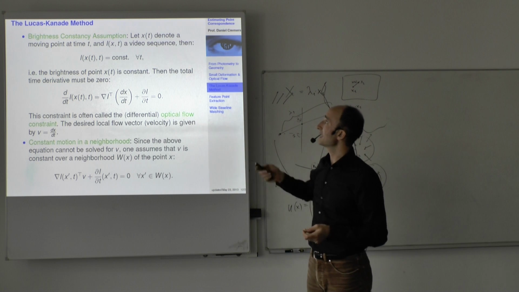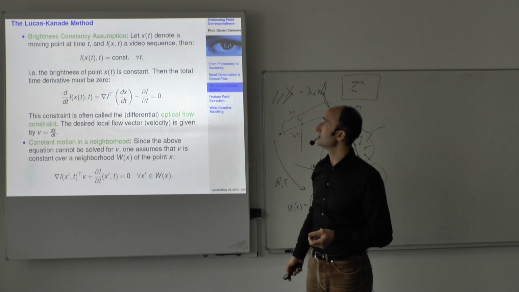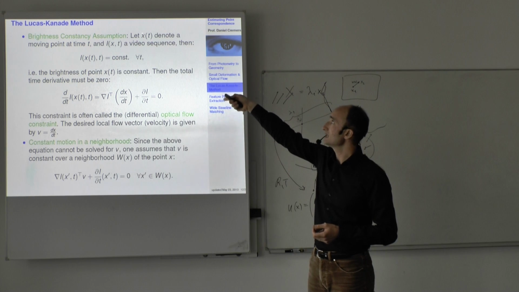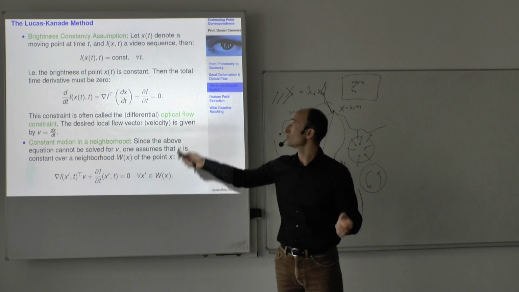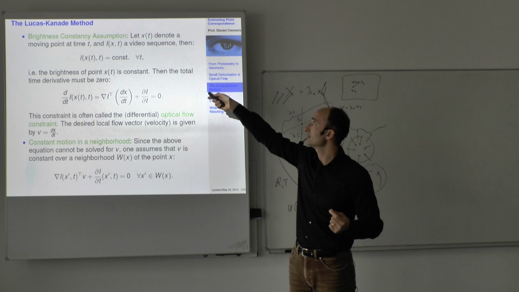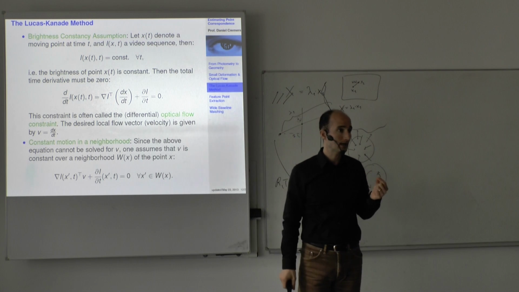So let's assume static camera and moving points. This is exchangeable in this setting. So x of t is the coordinate of that point at time t. So this tells me where the object point is, at what pixel coordinate, at time t.